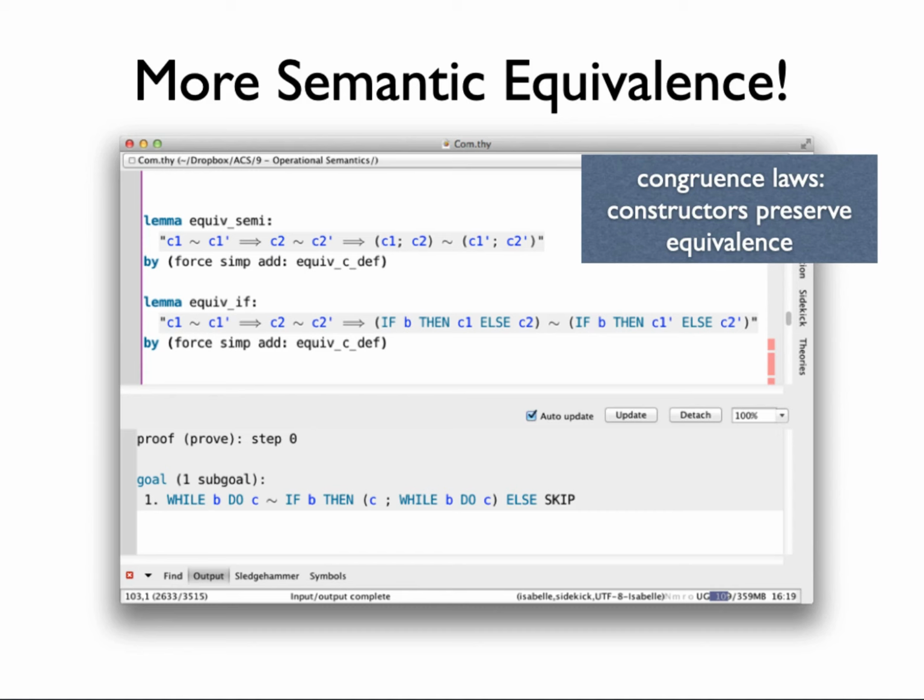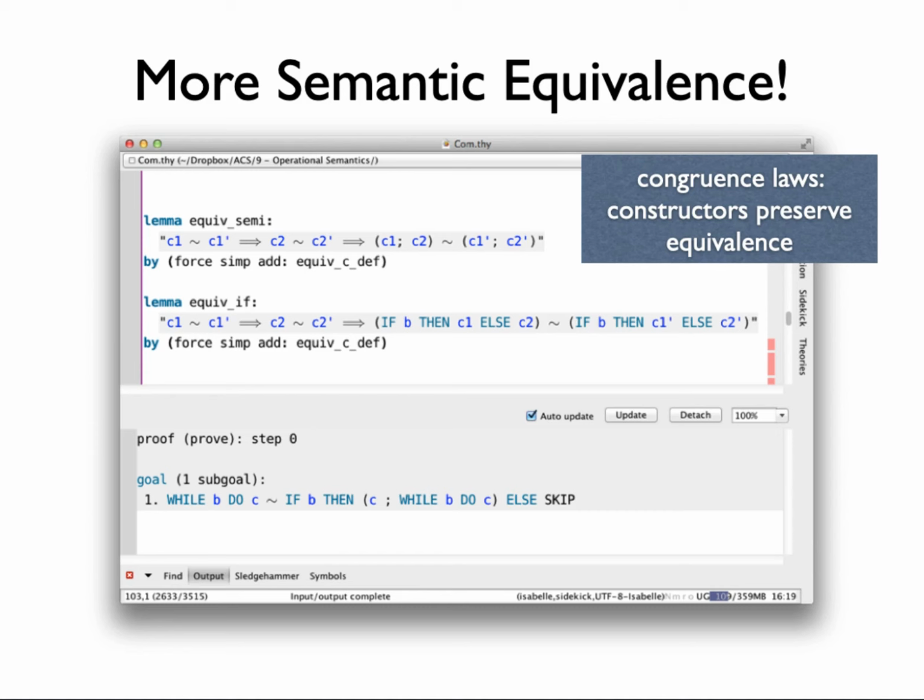The first thing I'm proving is that I can substitute within the semicolon, the command combinator, if I can call it that. It doesn't matter whether I use C1 followed by C2 or C1 prime followed by C2 prime, because those respective commands are equivalent.